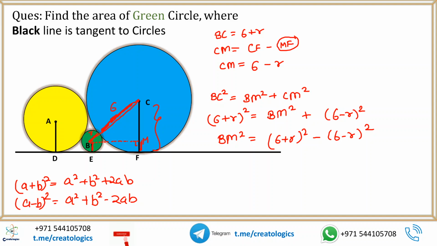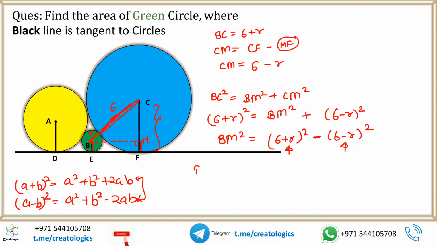If I subtract these two, I will get 4ab.